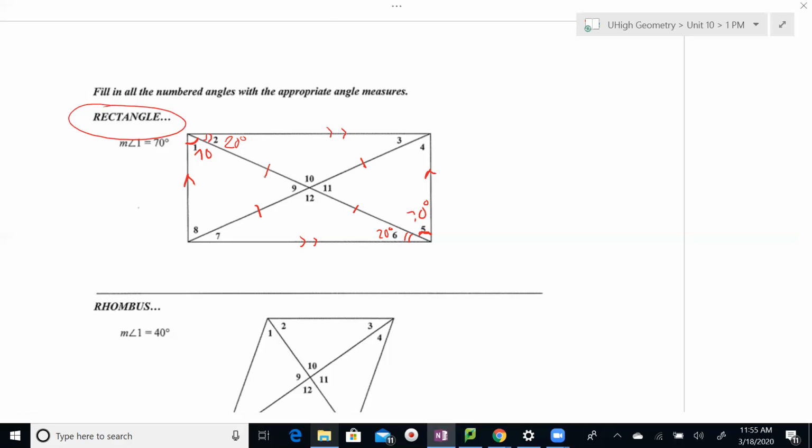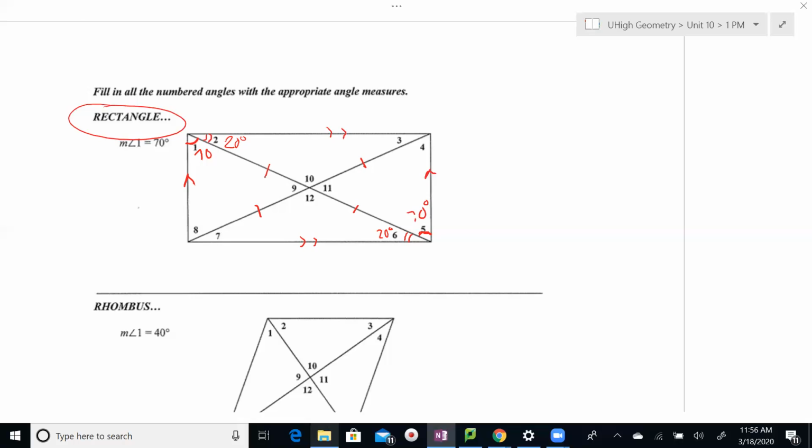And if my diagonals are congruent, that means they're split evenly in half. So what I'm looking at now is I have four triangles. And they're all isosceles triangles.